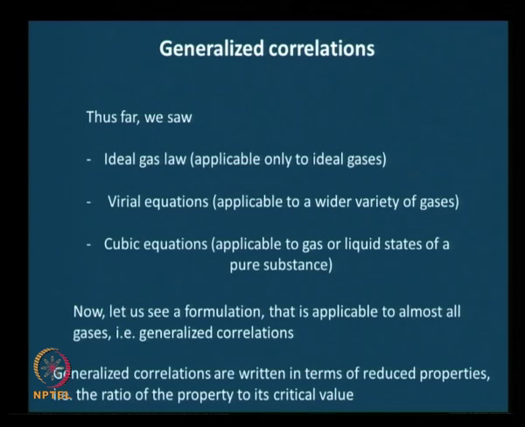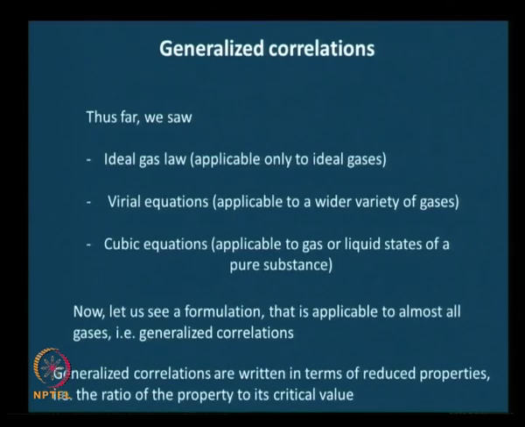These generalized correlations are usually written in terms of what are called reduced properties. A reduced property is nothing but you take a value, let us say if you are talking of reduced temperature, you take the ratio of the actual temperature to the critical temperature of that pure substance, then you get a reduced temperature. As we go along, the generality of this particular use will become very apparent, but let us start with the definitions themselves.